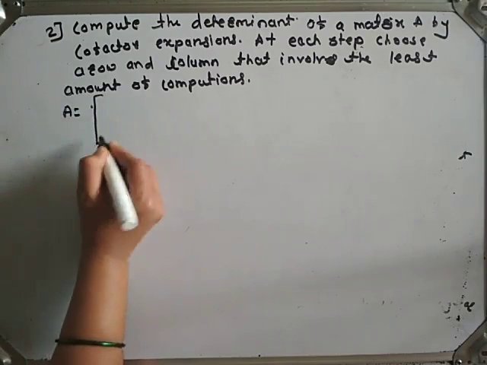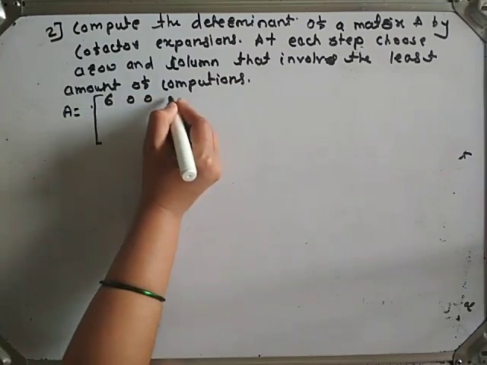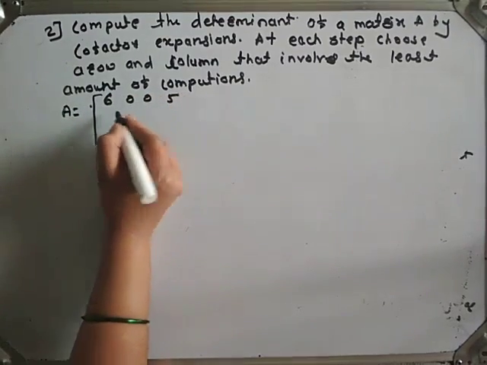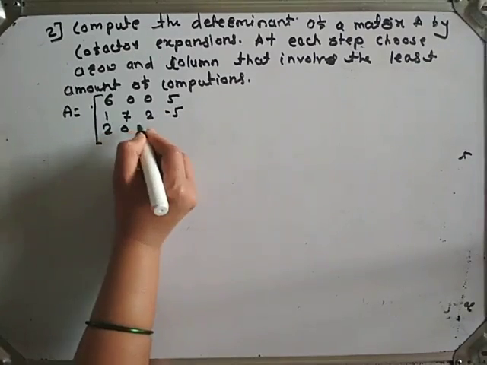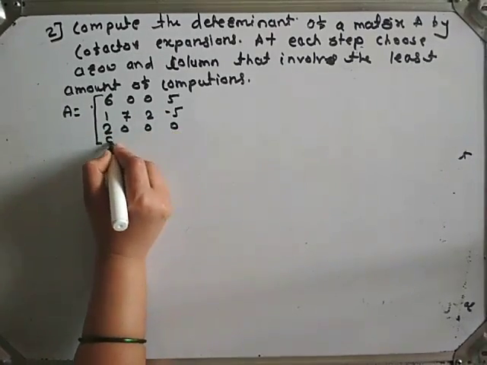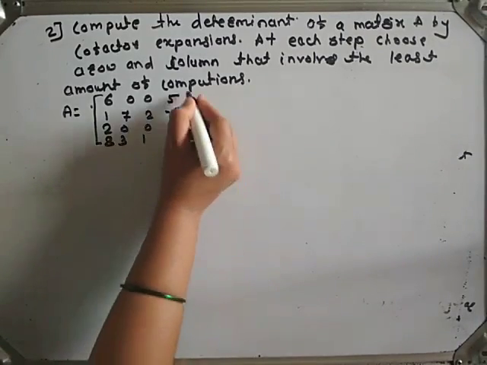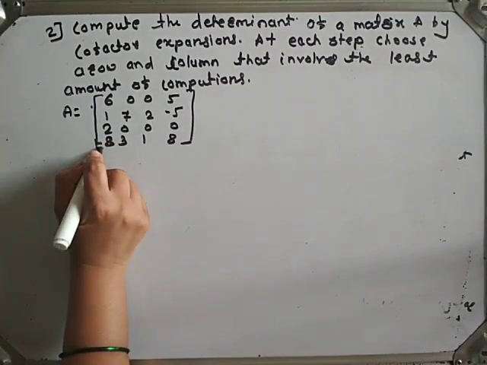Matrix A is equal to 6 0 0 5, 1 7 2 minus 5, 2 0 0 8, 3 1 8. Okay, this is the matrix.